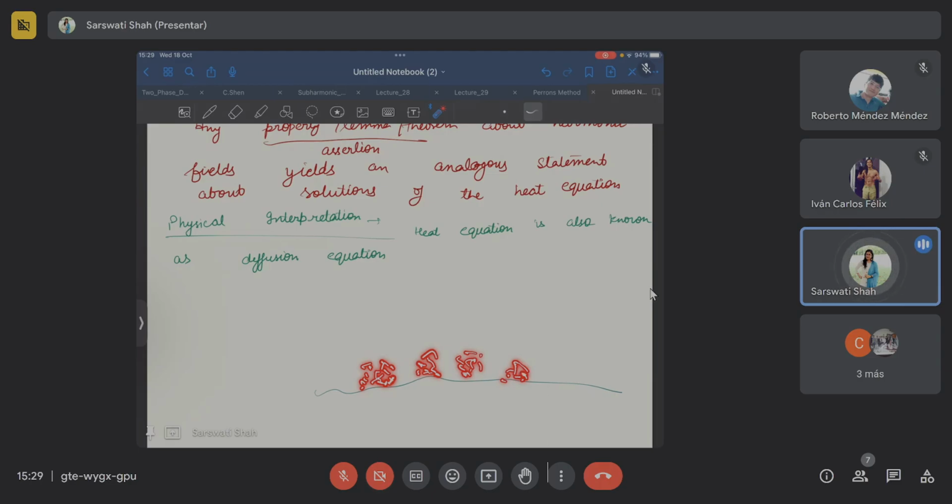So it will start to move from one place to another, and at the same time the color pollutant is going to reduce with time, because some of it will move away from the boundary.